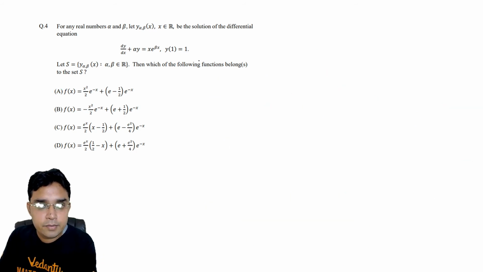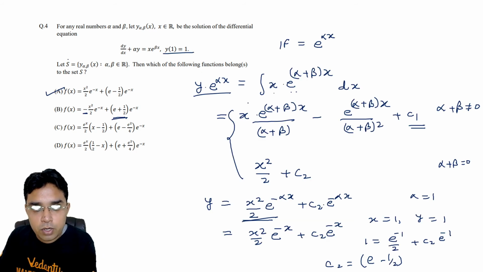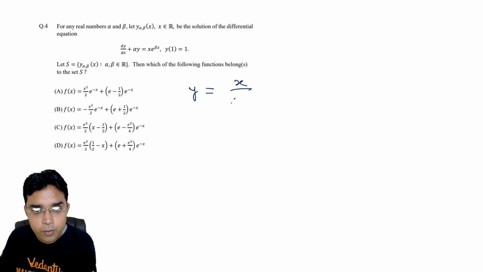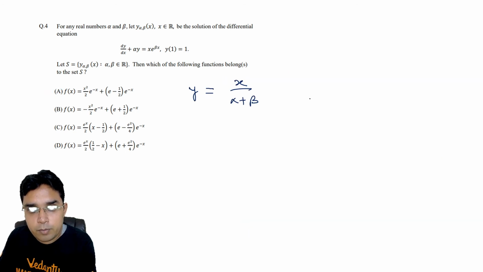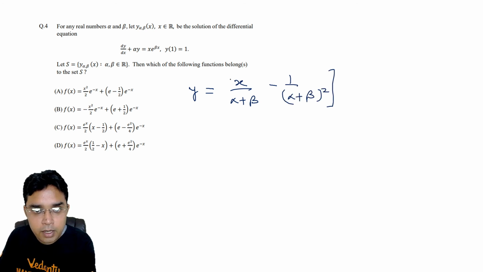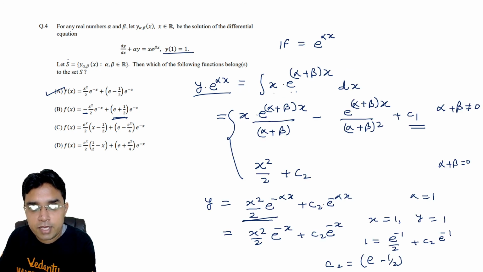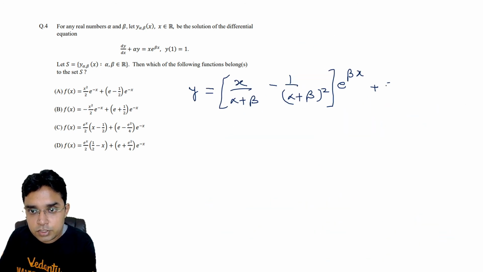Let us write that. So we will be getting y is equal to x upon alpha plus beta, and let me write this also together. So this will be minus 1 upon alpha plus beta whole square, and here it will be e power beta x only, because alpha x will be cancelled, plus c1 into e power minus alpha x.